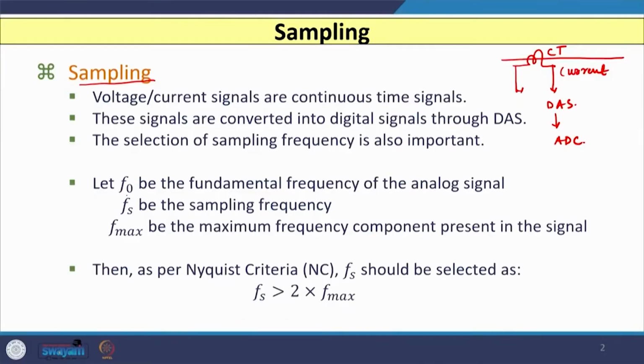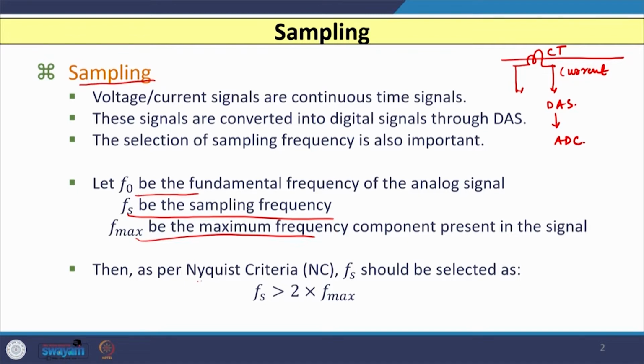Let us assume that F0 is the fundamental frequency of the analog signal, let us say the current signal acquired from the secondary of the CT and given to the ADC. Fs is the sampling frequency, that means the frequency at which the ADC samples the data, and Fmax is the maximum frequency component present in the acquired signal. These are the three quantities we consider.